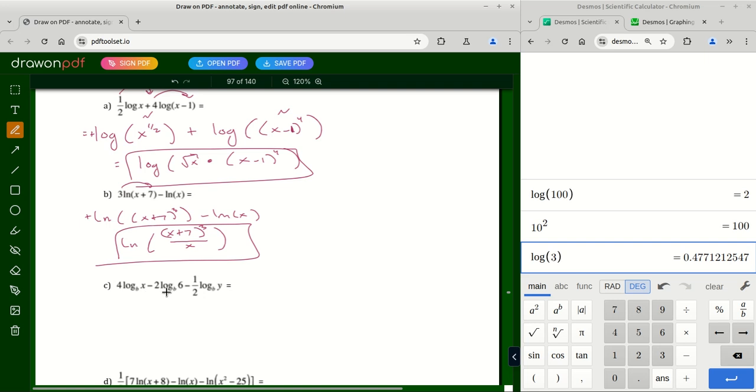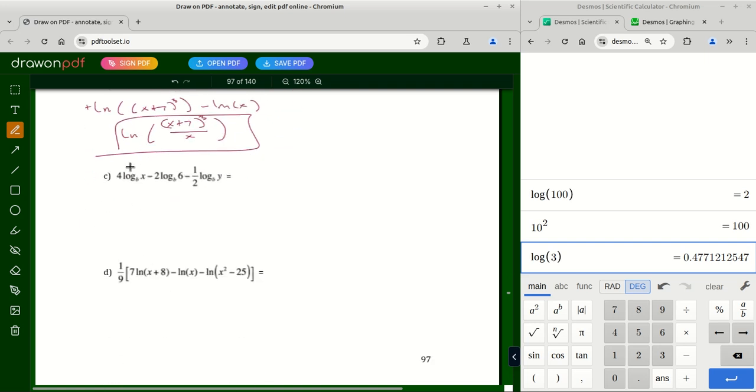Okay, second to last one. The 4 can come up, the 2 can come up, the 1/2 can come up. So I have log base b of x to the 4, minus log base b of 6 squared, minus log base b of y to the 1/2.